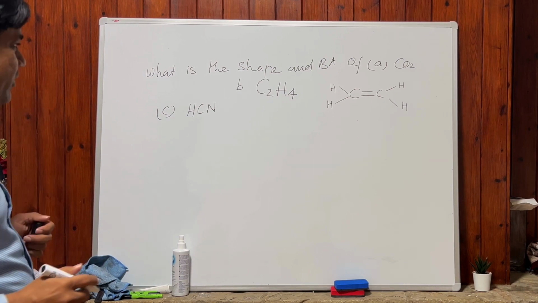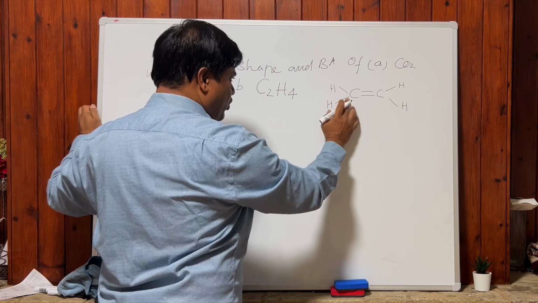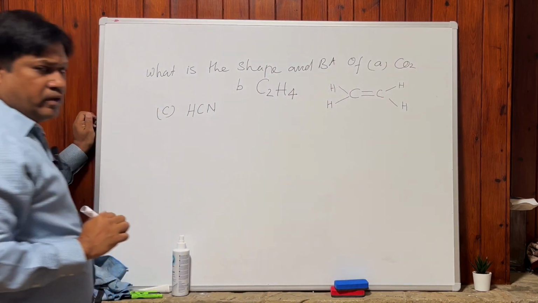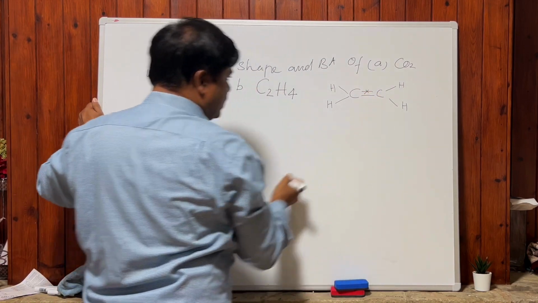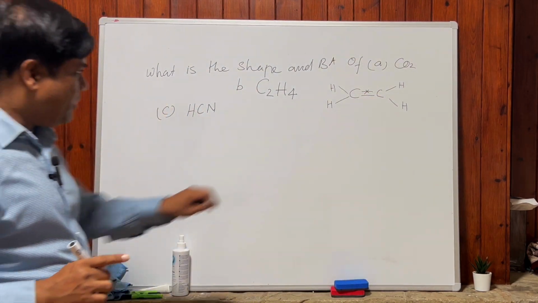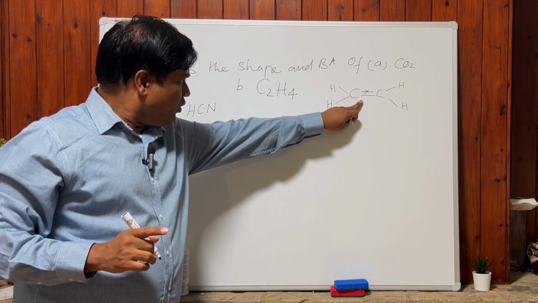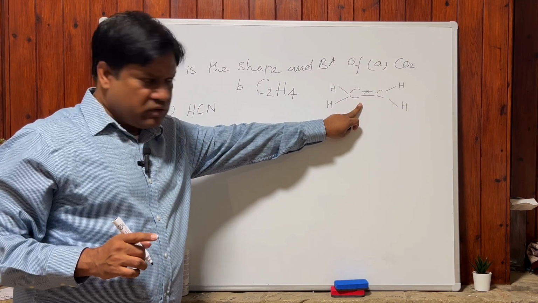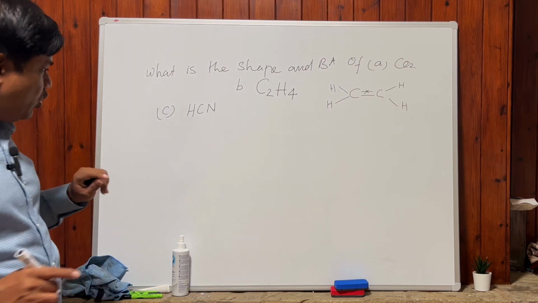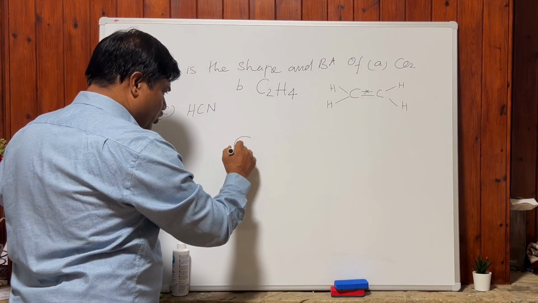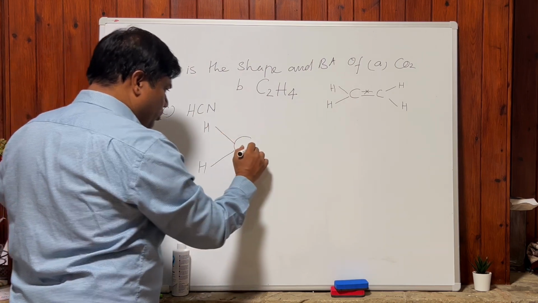Now look at the ethene. Look at each carbon. Each carbon makes 4 bonds, 1, 2, 3, 4. And I told you, ignore the pi bond or double bond, just ignore it. So each carbon makes 3 bonded pairs of electrons, 3 bonds and no lone pair. Each ethene carbon has 3 bonded pairs of electrons and no lone pair.